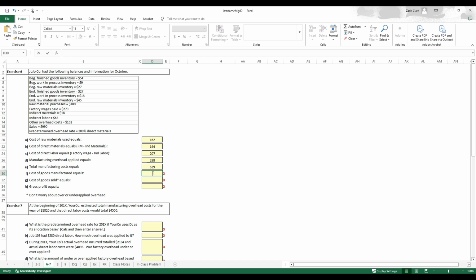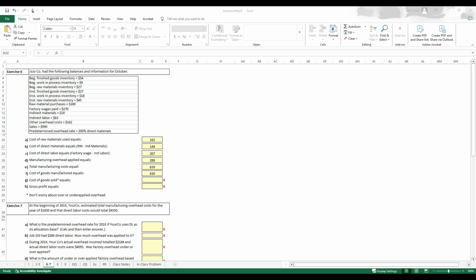Cost of goods manufactured, remember, is we're going to look at the WIP account. So beginning WIP plus the addition of total manufacturing cost. What is beginning WIP? 9, okay, plus our manufacturing costs minus our ending WIP of 18 gives us our total cost of goods manufactured.